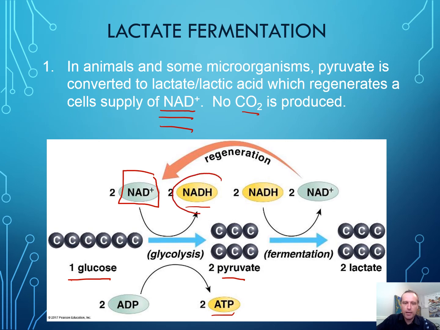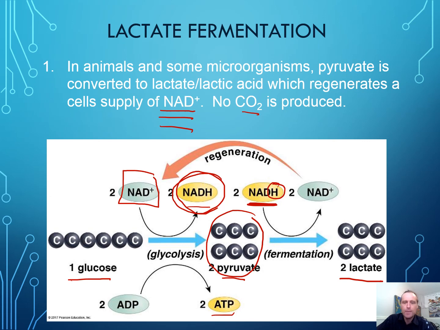Instead of this NADH going to the electron transport chain, it's just sort of wasted instead. NADH is going to donate its hydrogen, or high energy electron and proton, to pyruvate. And so pyruvate is just kind of wasted.